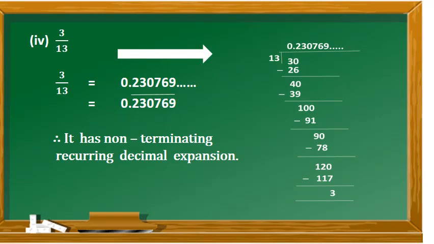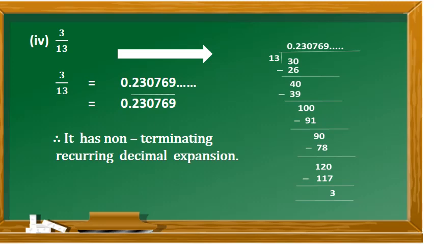Next is 3 by 13. 3 divided by 13. See that 3, the dividend, is lesser than the divisor. So we have to put 0 point in the quotient and add 0 to 3 such that it becomes 30.